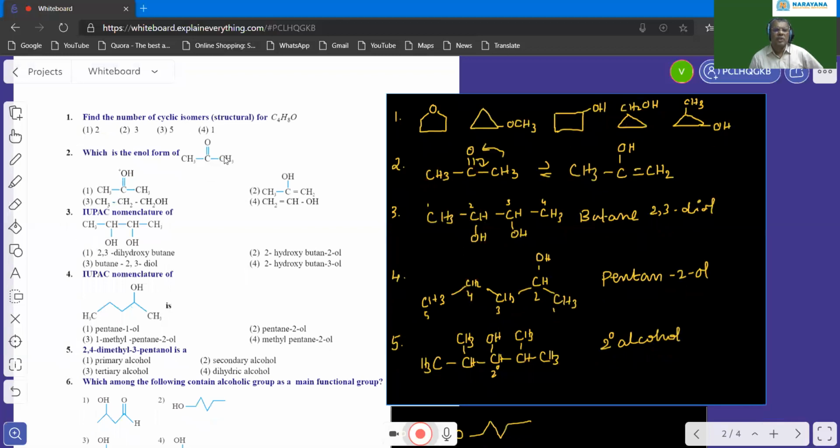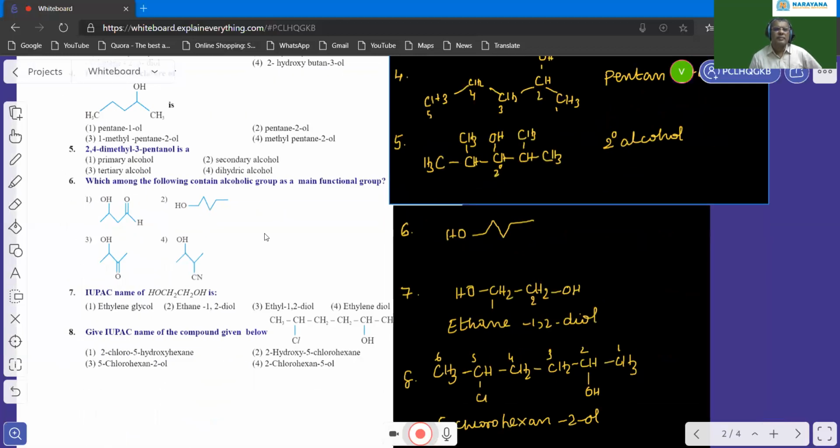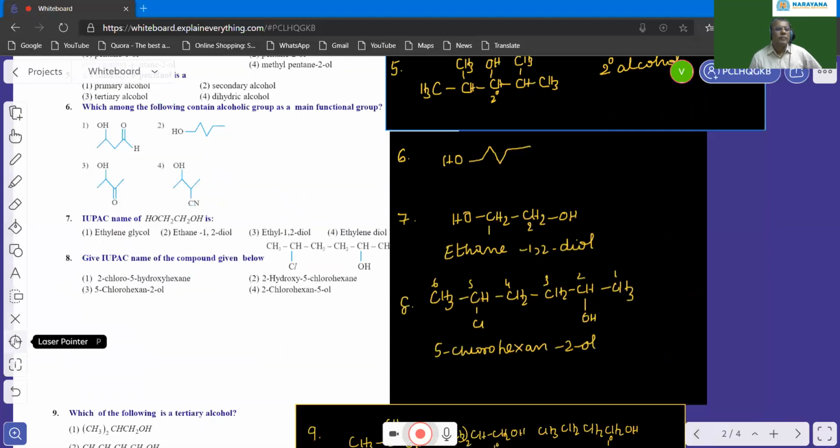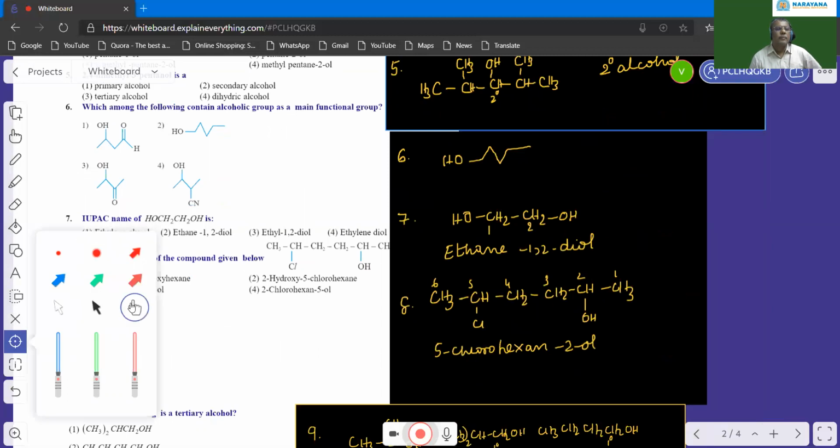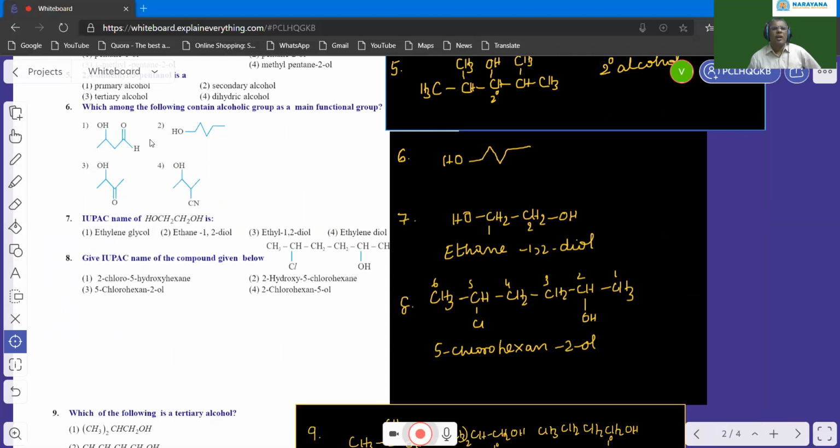Now, question number 6. Which among the following contain alkyl group as the main functional group? If you look at the first option, you find aldehyde as well as OH.